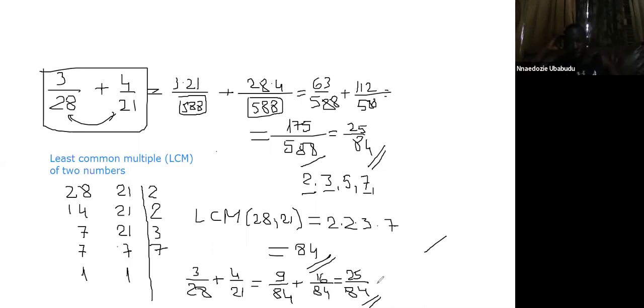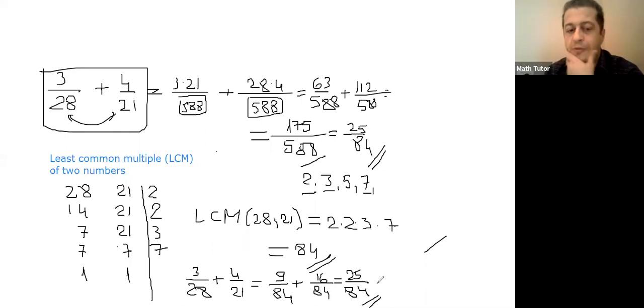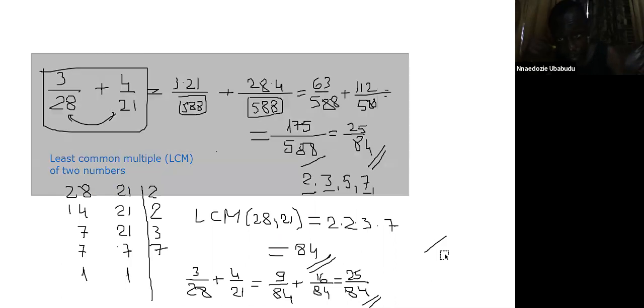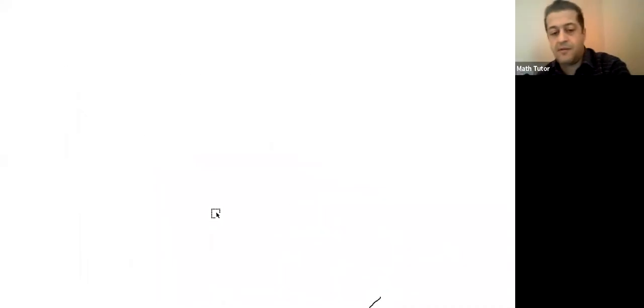Okay. Now, could you give the result in 3 or 4 minutes if I give you an exercise to find the least common multiple of two numbers? Yes, sir. Let's write them here.